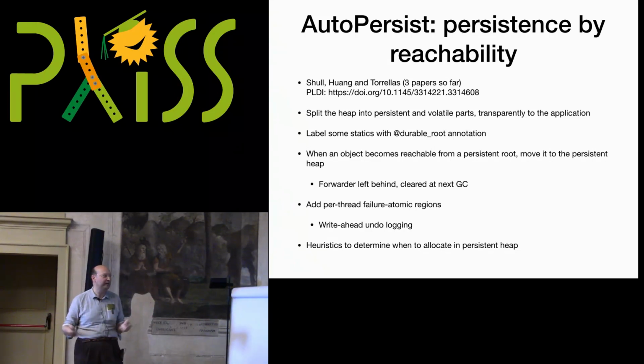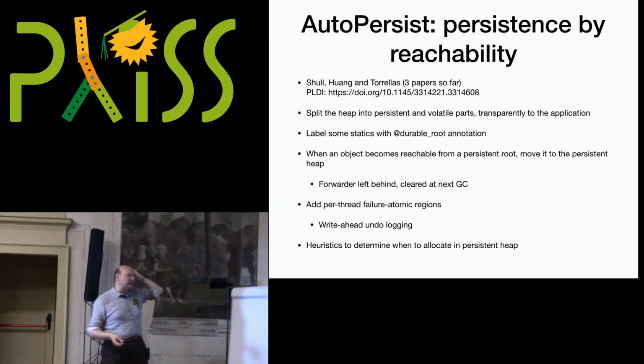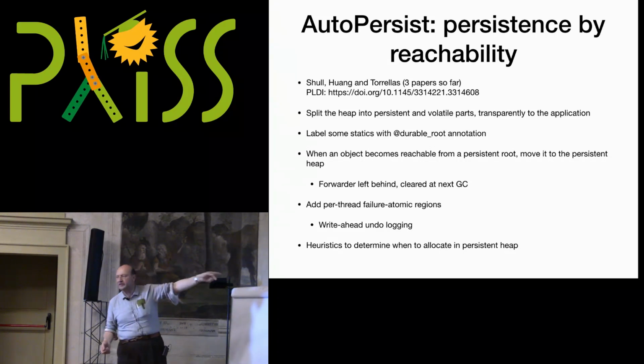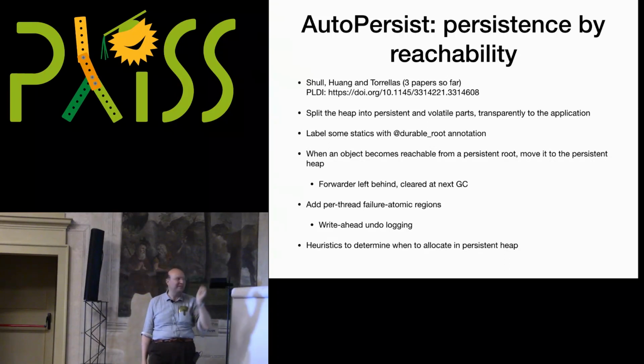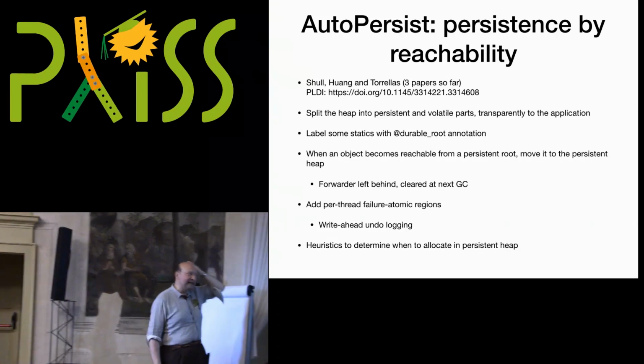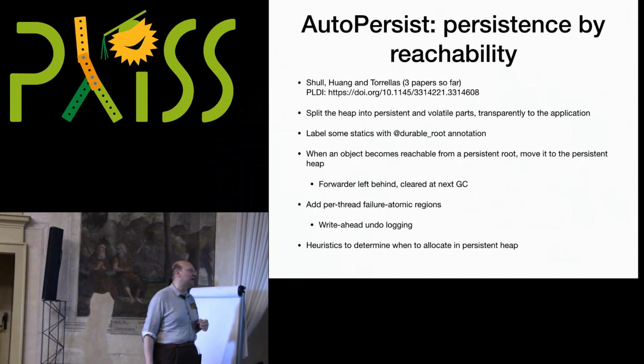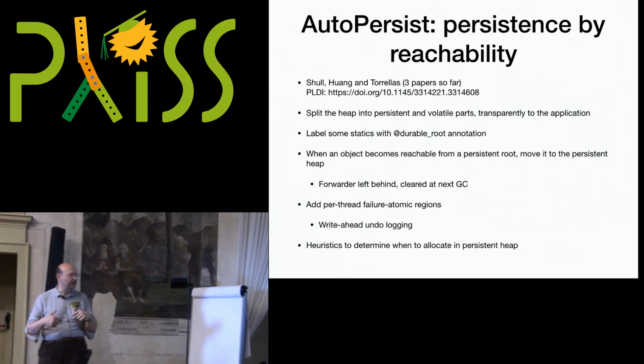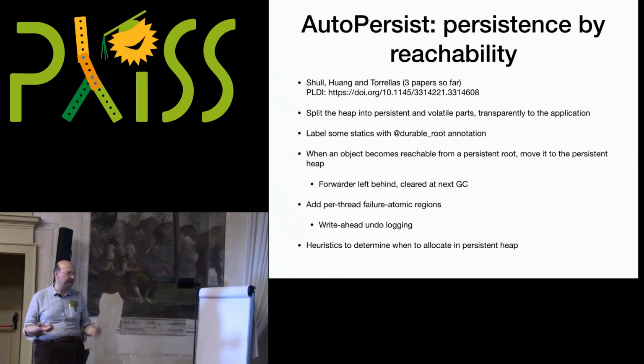Well, we kind of knew it could be done, and this is a revisiting of some of the old work to give you persistence by reachability. On the previous slide I mentioned there was work on persistence and reachability long before we had persistent memory, and this is fairly close in spirit to that approach. And then to get consistency, they add the notion of per thread failure atomic regions.